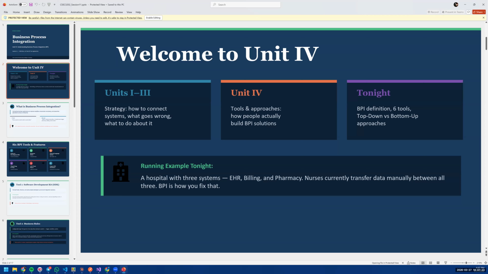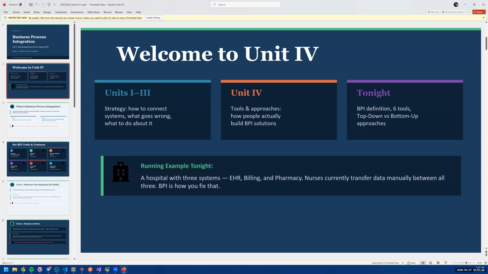So what we're going to be looking at tonight is 3 things. We're going to be looking at what BPI, or business process integration, actually is, and how it's different from general systems integration. That's the first thing.